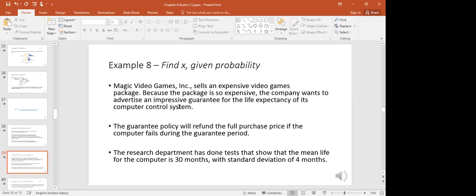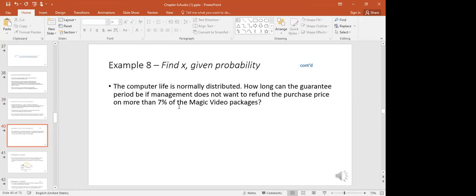The research department has done tests that show that the mean life for the computer is 30 months with a standard deviation of 4 months. So you record the mean and the standard deviation. The computer life is normally distributed. How long can the guarantee period be if management does not want to refund the purchase price on more than 7% of the video package?